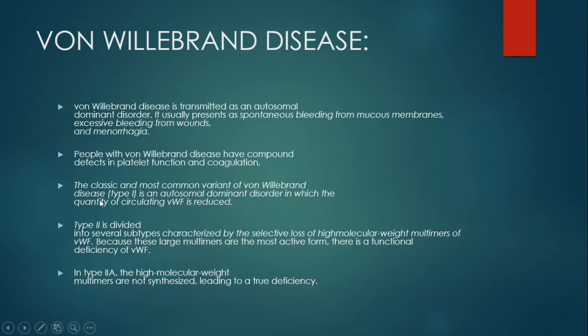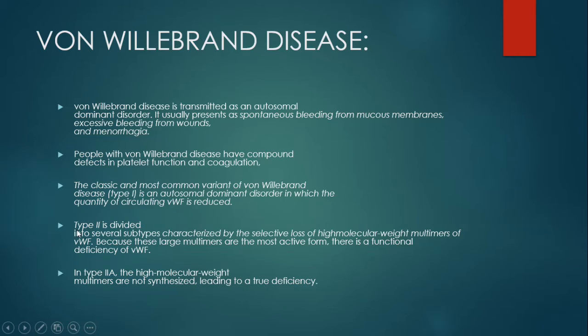Basically, there are two types of von Willebrand disease. Type 1 is a reduced concentration of VWF in circulation, and it is an autosomal dominant disorder. Type 2 is subdivided into several subtypes characterized by selective loss of high molecular weight multimers of VWF.